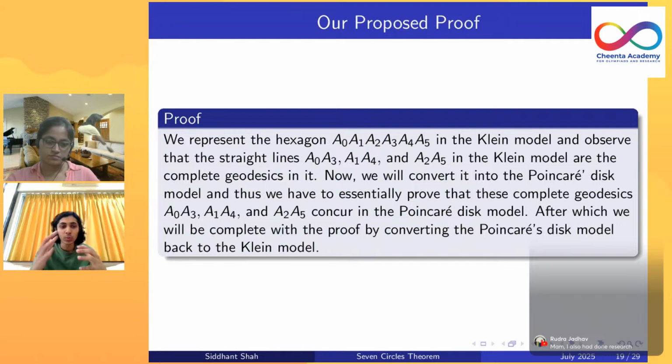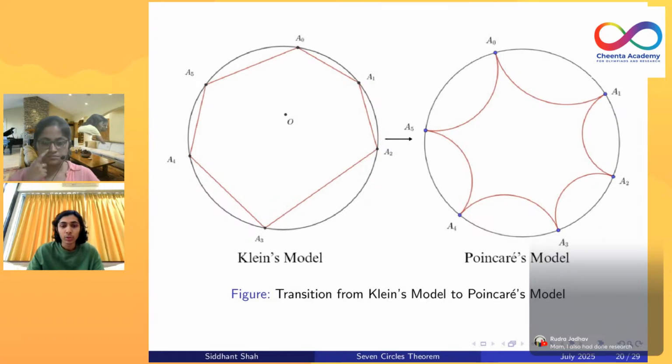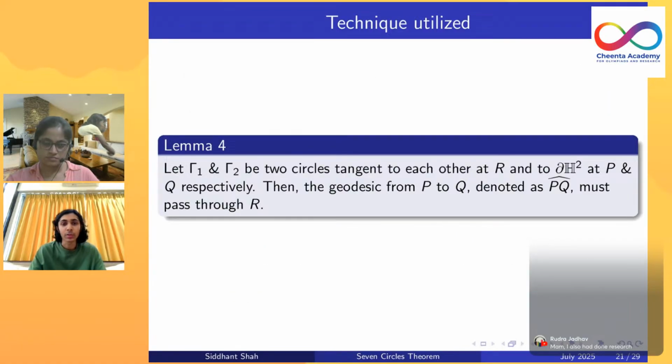So this was the whole idea: we first introduce the Klein model, we draw a hexagon in it, then we convert that into a Poincaré disk model, and then we go back to the Klein model again. This is a diagrammatic representation which I've shown, where we transition from the Klein model to a Poincaré model, and we see that the hexagon becomes something like this, as shown in the figure.